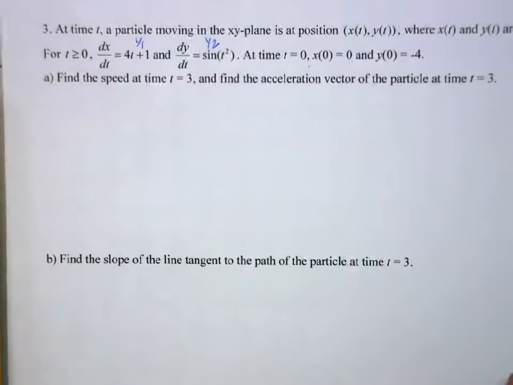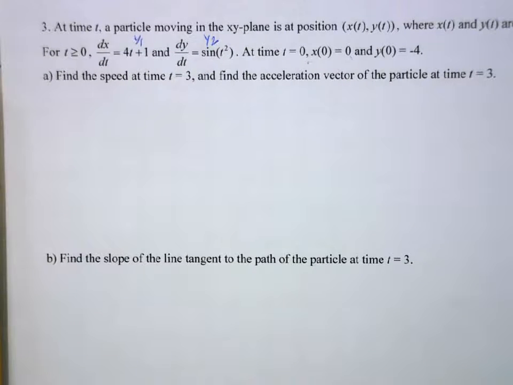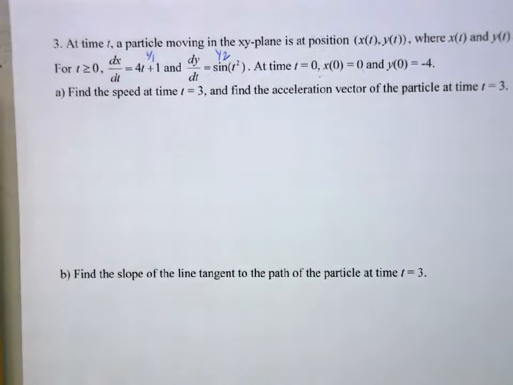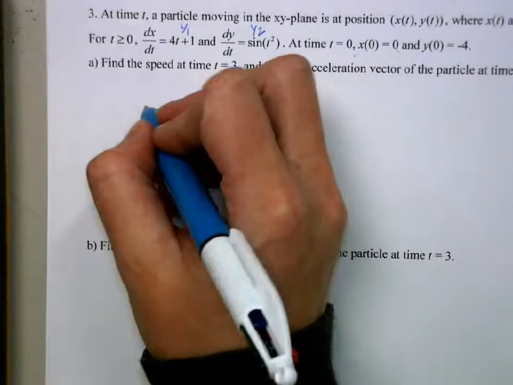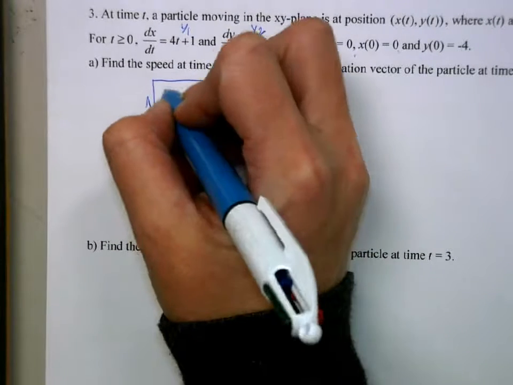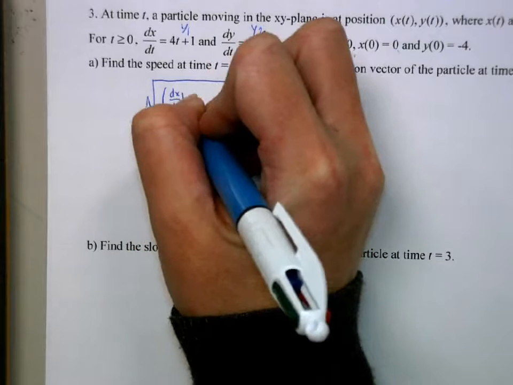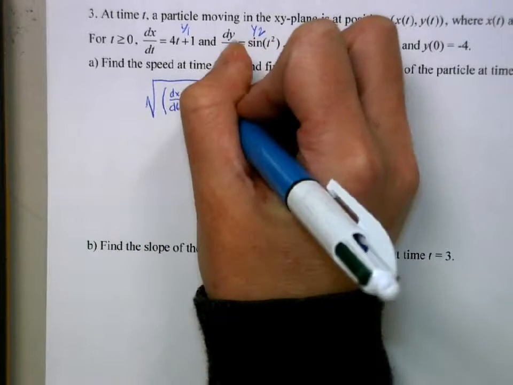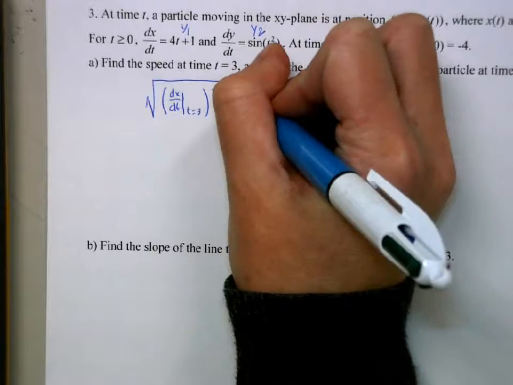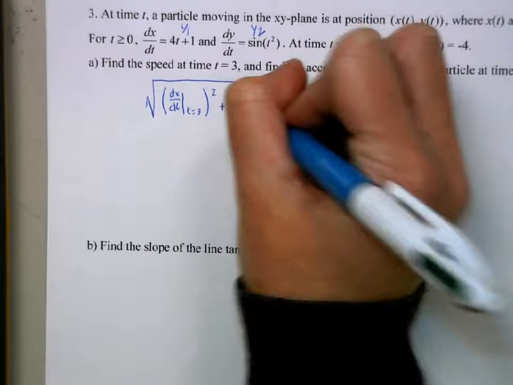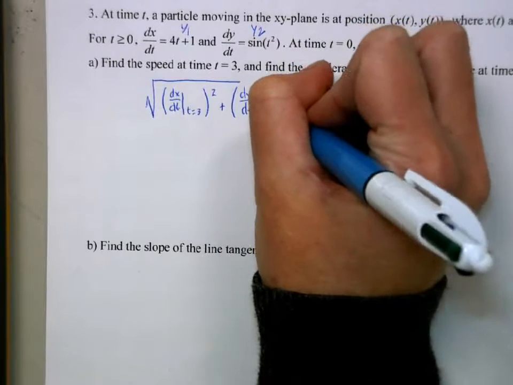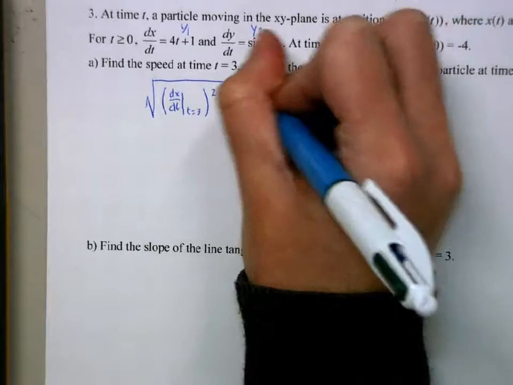It says find the speed at t equals 3. Well, speed is the square root of dx dt evaluated at t equals 3, squared, plus dy dt evaluated at t equals 3, squared. So your job is to remember the formula.